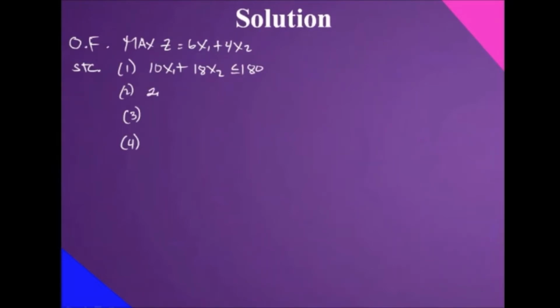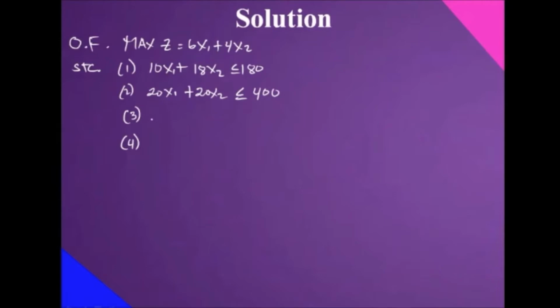Next, pangalawa, we have 20 x sub 1. Ito naman yung constraint na may kinalaman sa assembly process, plus 20 x sub 2 less than or equals to 400.